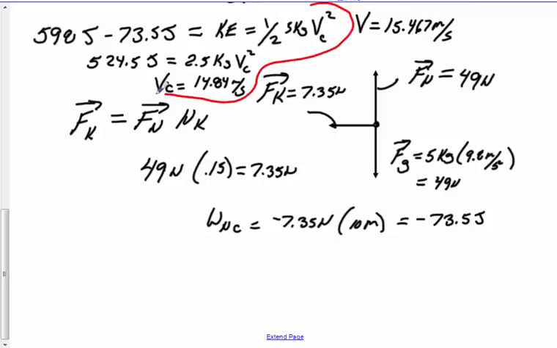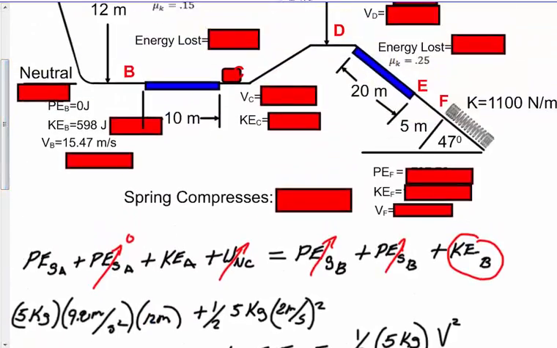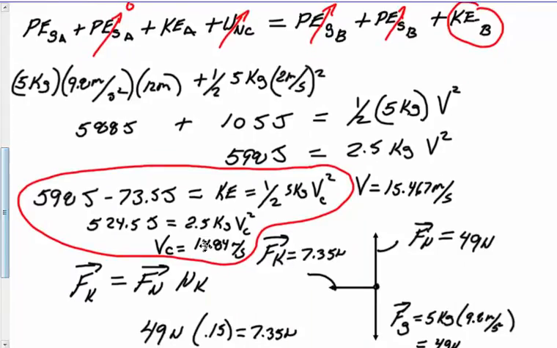So all this goes together here. Okay, so let's go up and check our values. Again, the work done by non-conservative forces here should be 73.5, which it is. What is the velocity at C? 14.48, exactly what I calculated right there. Oops, I wrote that wrong.